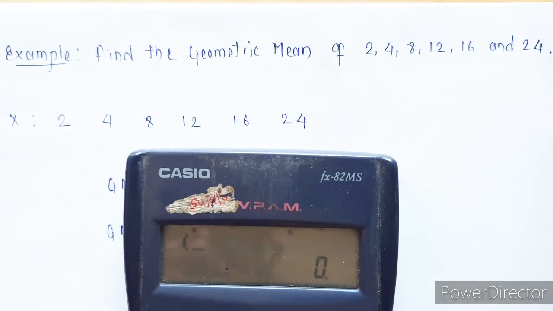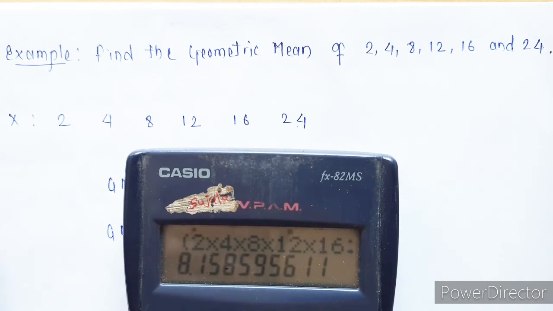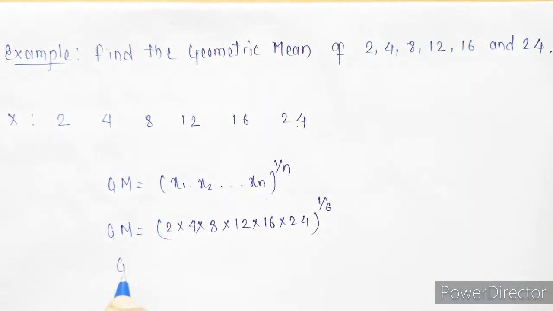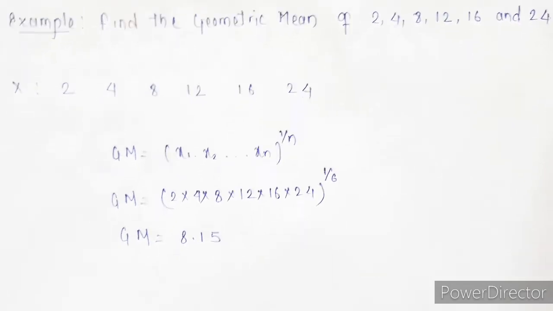So I am multiplying these values: 2, 4, 8, 12, 16 and 24, and then taking the power 1 divided by 6, the 6th root. So what we are getting is 8.15. So in this case, geometric mean is 8.15.